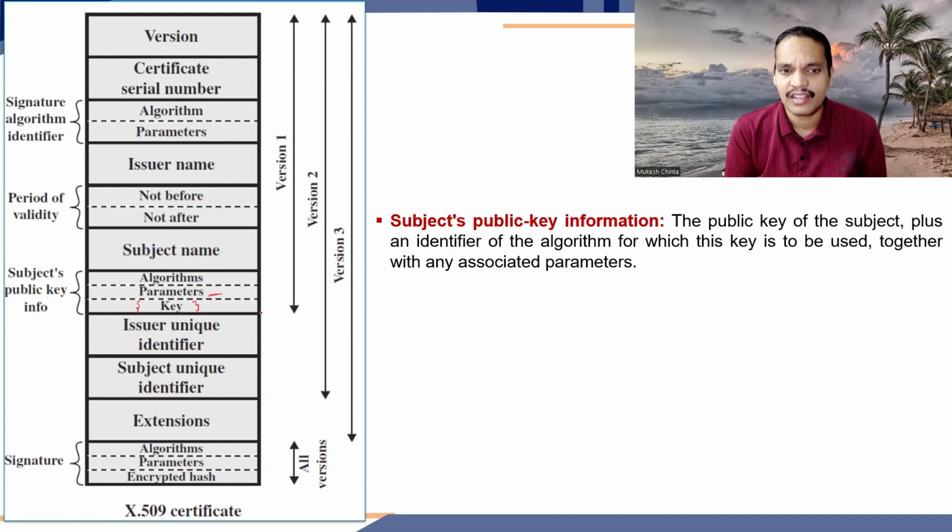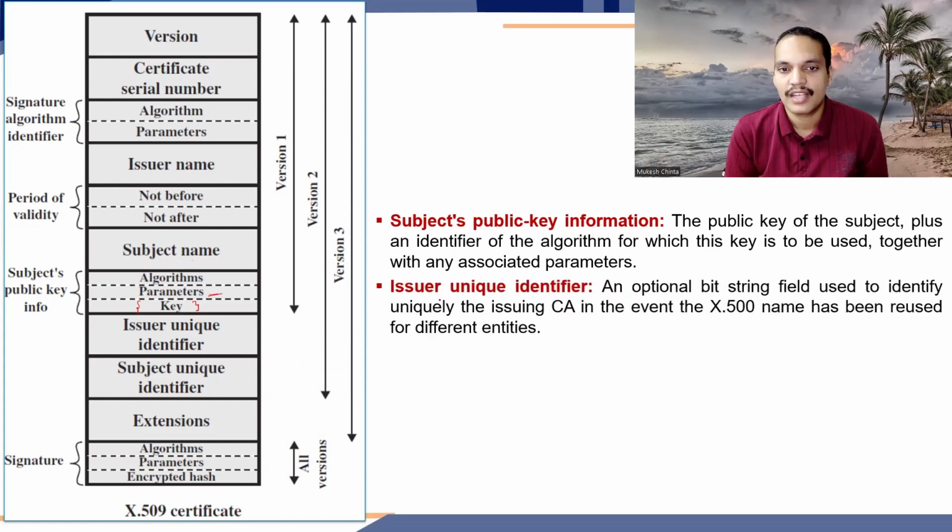These are the first fields which we gave out in 1988. That is what we call X.509 version 1. Later on, two other fields were added in version 2, which we call the issuer's unique identifier, an optional bit string used to identify uniquely the issuing CA in the event the X.500 name has been reused for different entities.